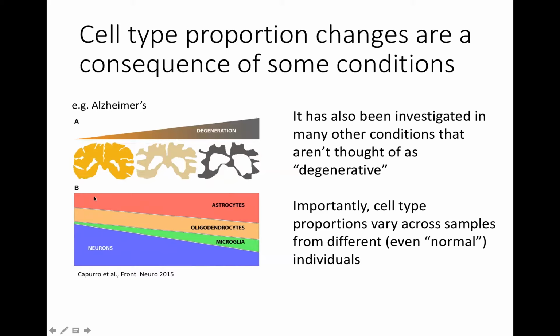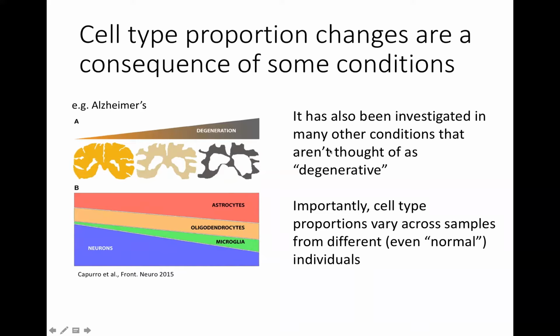I took this from an article that is a nice illustration of the idea, where neurons are being lost, and the brain is getting smaller as it loses tissue, but for a given amount of tissue, the number of cells has to add up to 100%. So the relative proportions of other cell types, especially glial cells, are increased.